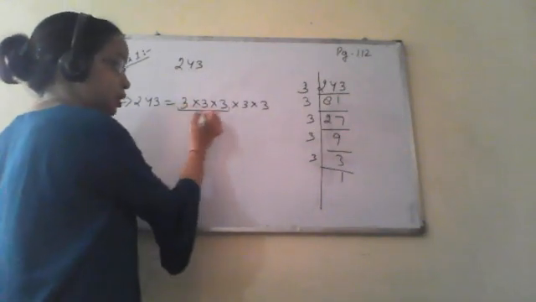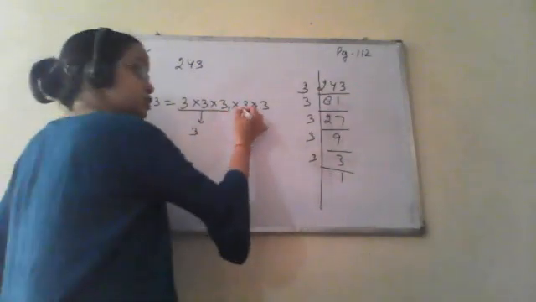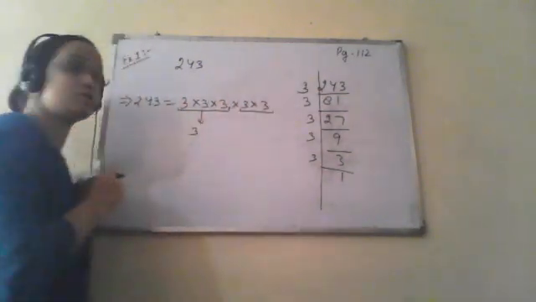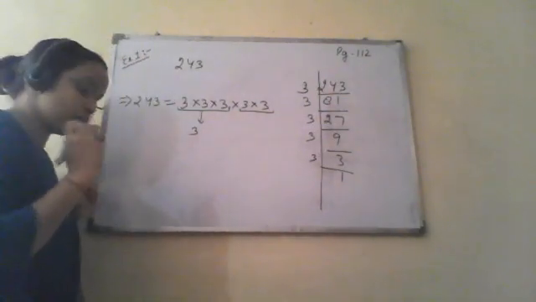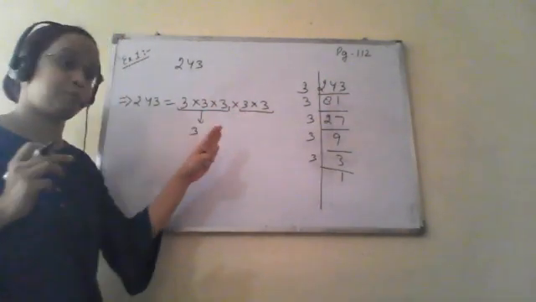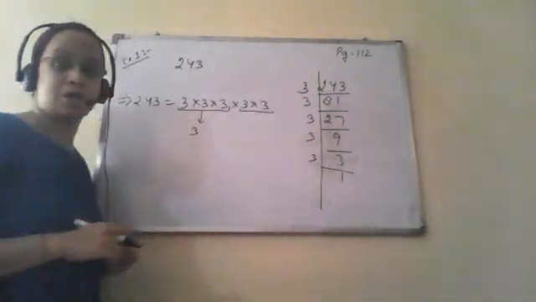From a set of three threes we will take one 3. This triplet is not complete. So can we ask whether this is a perfect cube or not? No, it is not a perfect cube because one 3 is missing.